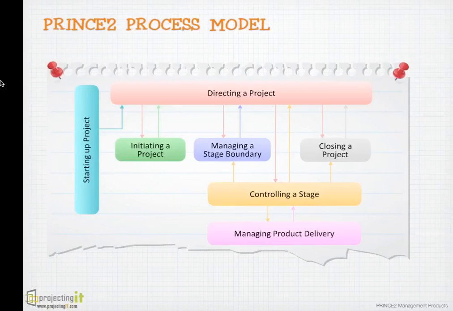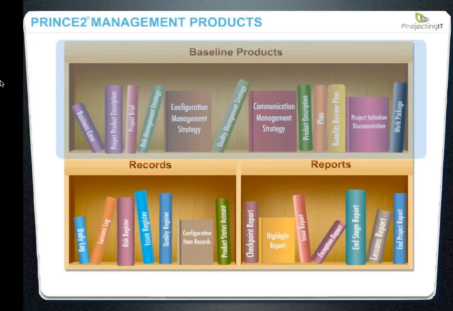So throughout the project, we use Prince2 processes, and when we perform the work defined in the processes, we create those management products like business case, risk registers, work package, and reports. We will see each product now quickly about what's the purpose of that product.